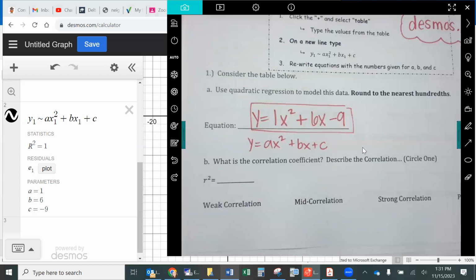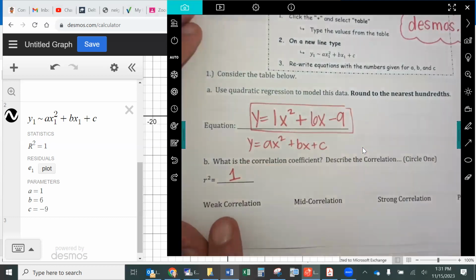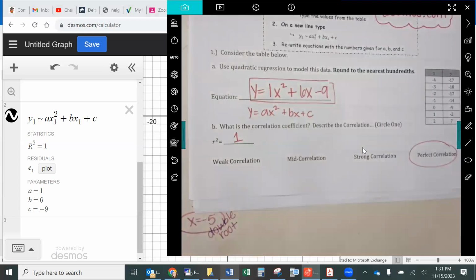Then it asks me for my R squared number. Look on your screen, it's a 1. What type of correlation is 1? Is it weak, mid, strong, or perfect? Perfect is correct. Remember, anytime you get a 1 or a -1, that's a perfect match. It goes through every single point.